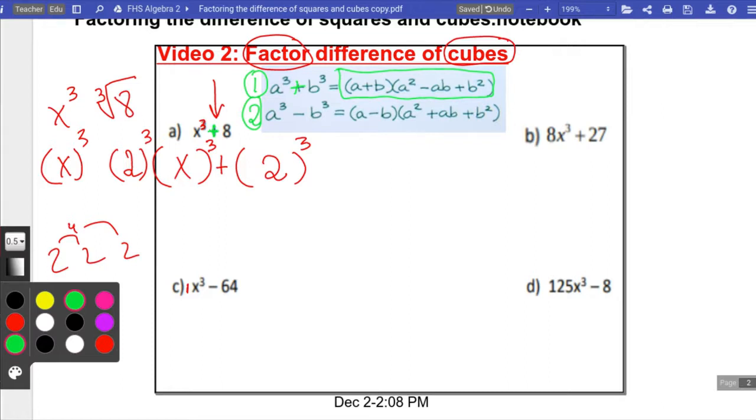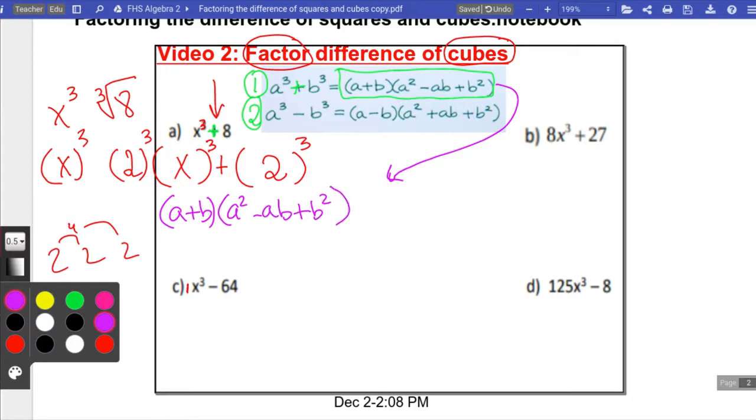So let's rewrite that formula real fast: a plus b, this whole thing, I'm just rewriting it at the bottom, and then a squared minus a times b plus b squared, close the parentheses.